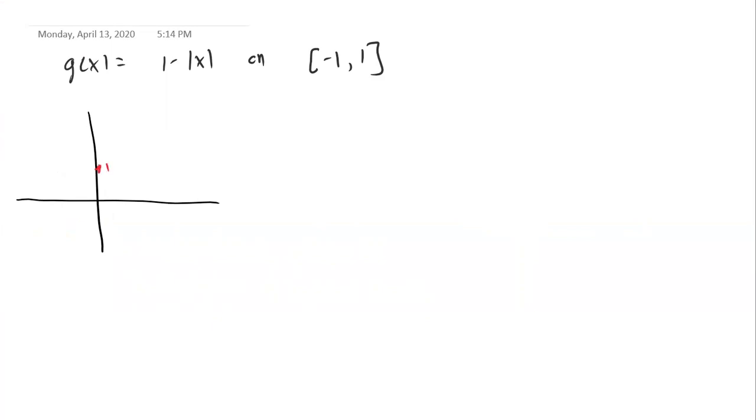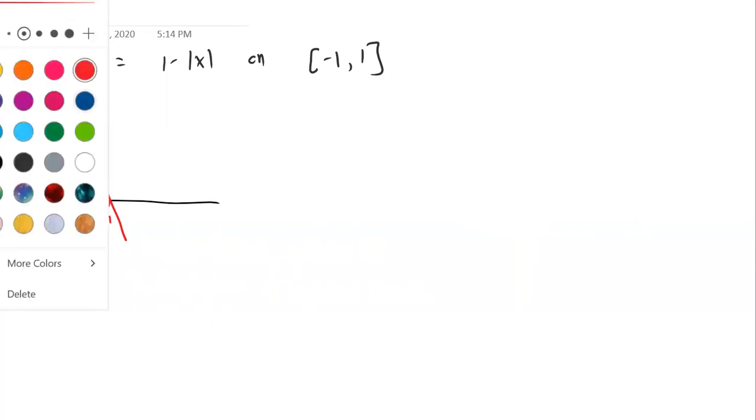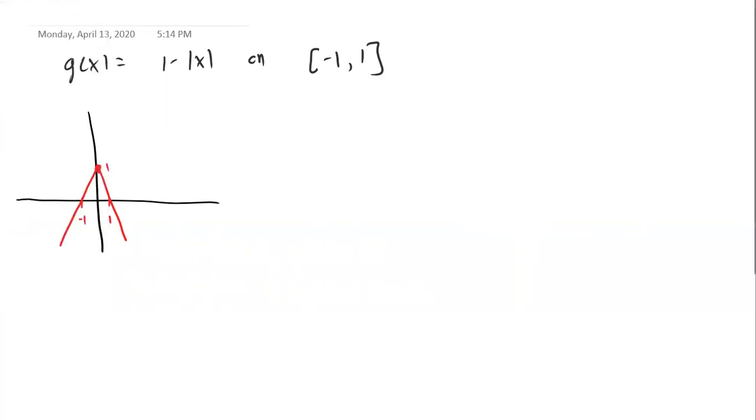So what would it look like? It would look something like this. And it's 0 at 1 and 0 at negative 1. So looking at that function on the interval negative 1, 1, does it satisfy the mean value theorem assumptions? Well, certainly the function is continuous. We can draw it without lifting our pencil. But is it differentiable?